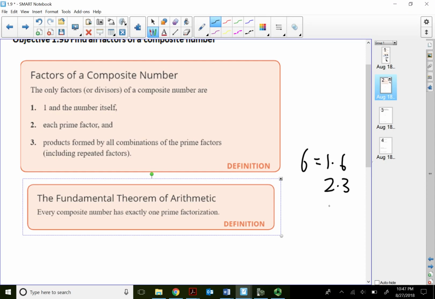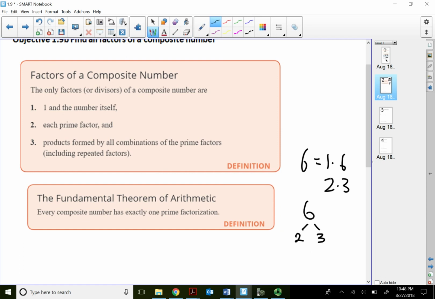Since 2 and 3 are both prime numbers, it only has one prime factorization. Prime factorization, if you think back, is breaking down the number using prime numbers. So you only have one form of prime factorization for every composite number you have.